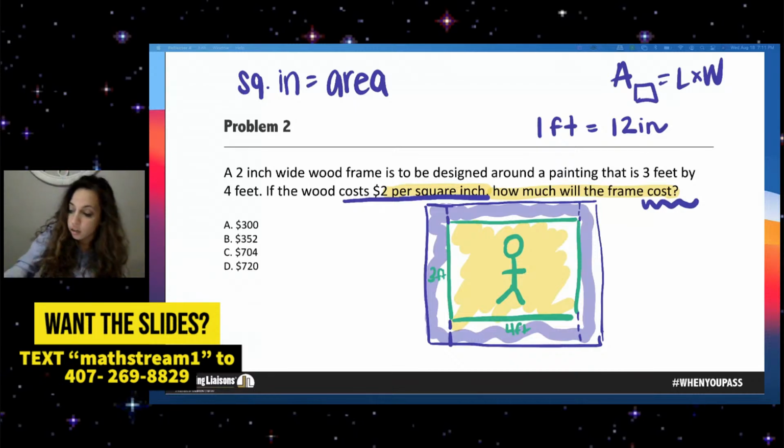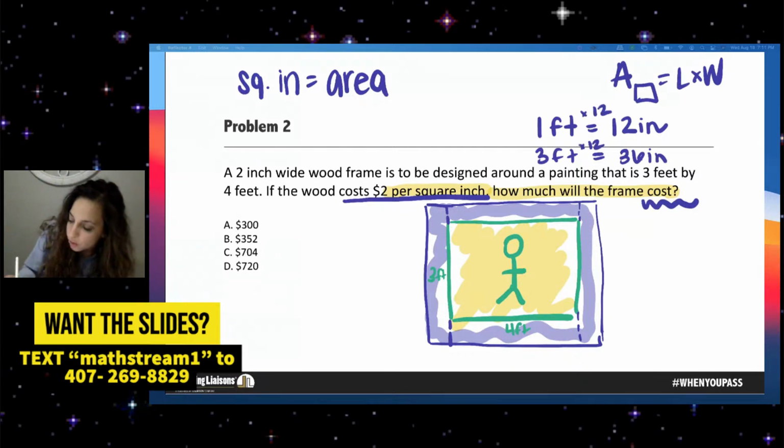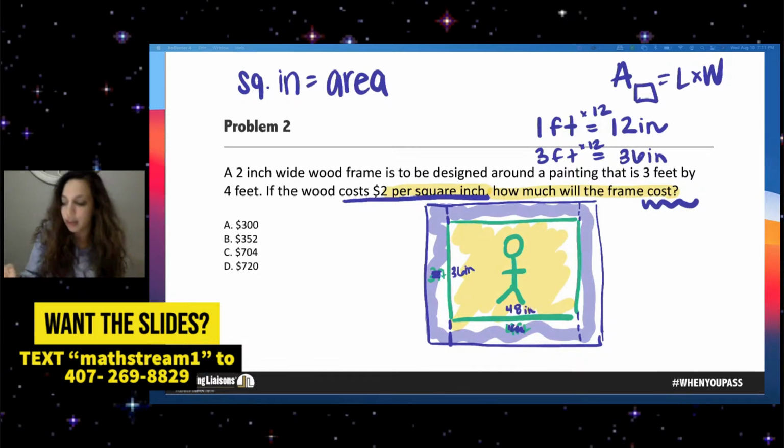So therefore, 3 feet is going to equal 36 inches. 1 times 12 is 12, 3 times 12 is 36, 4 times 12 is 48. So instead of 3 feet, I'm going to call this 36 inches. And instead of 4 feet, I'm going to call this 48 inches. Now I think we're ready to go.